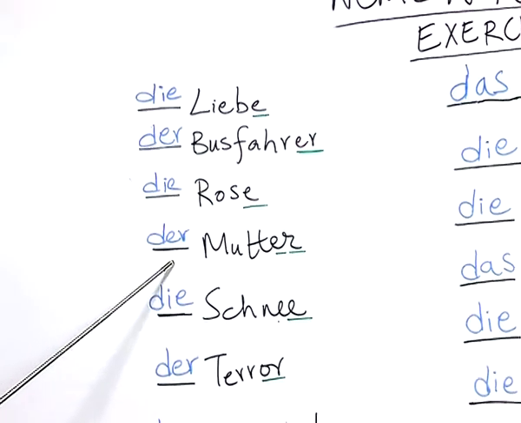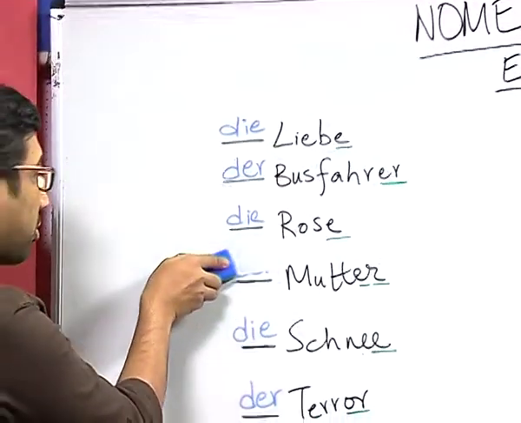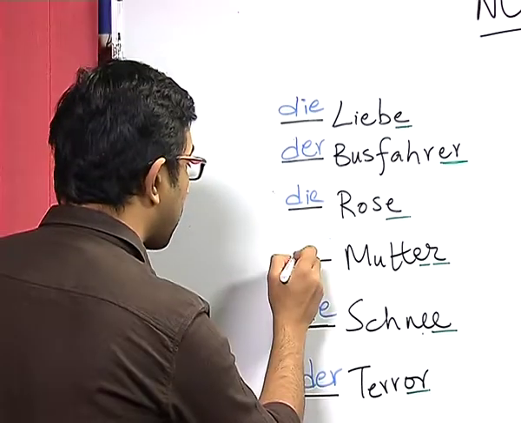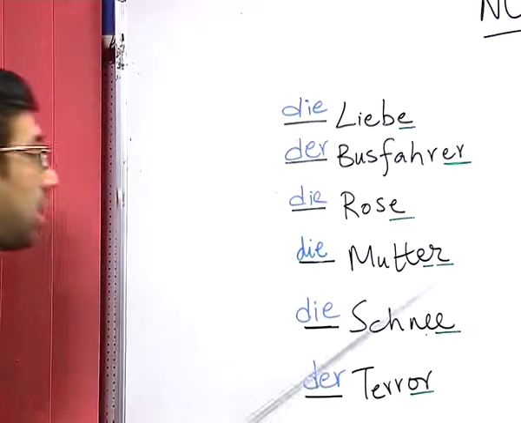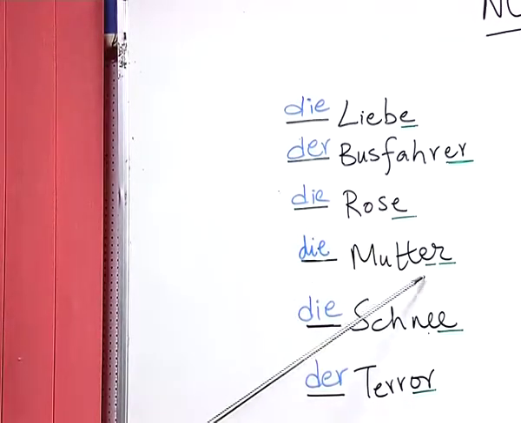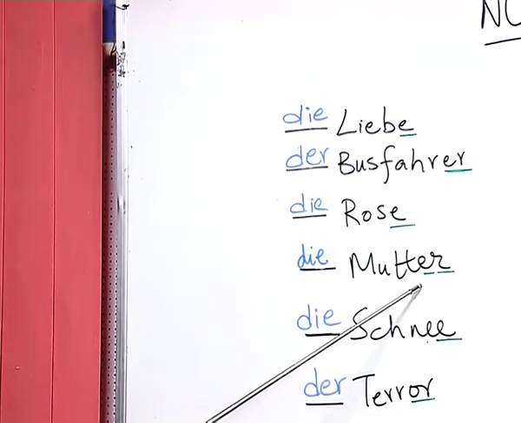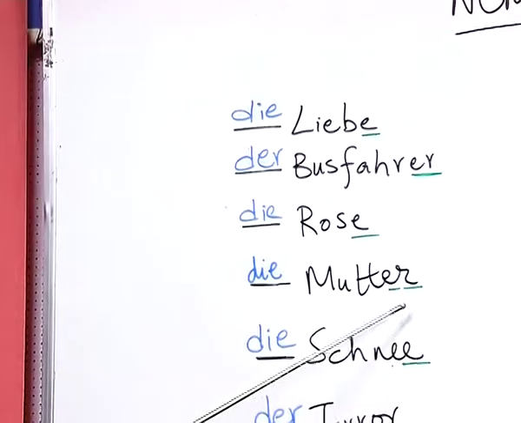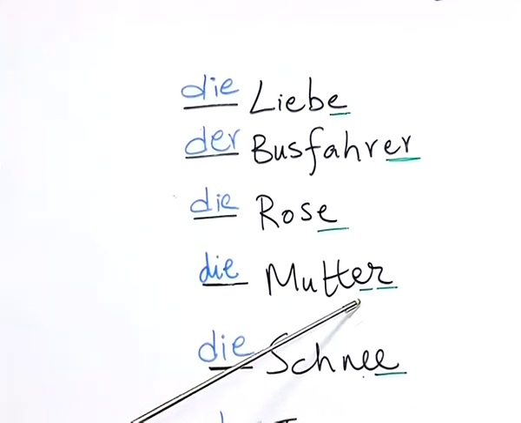The right answer is die Mutter, which means mother. Now, as I told you, not always all the endings follow the same rule, and there could be exceptions. Here you can see this is one exception.